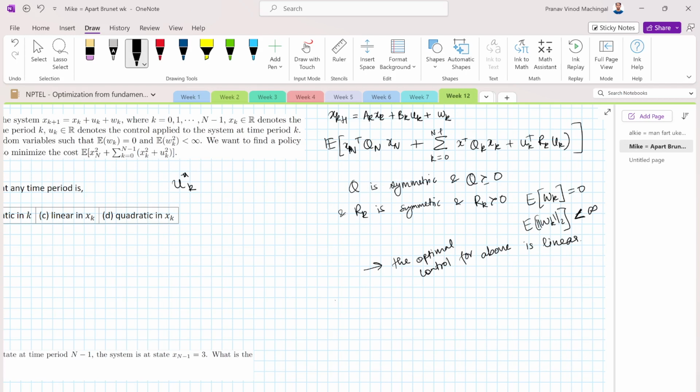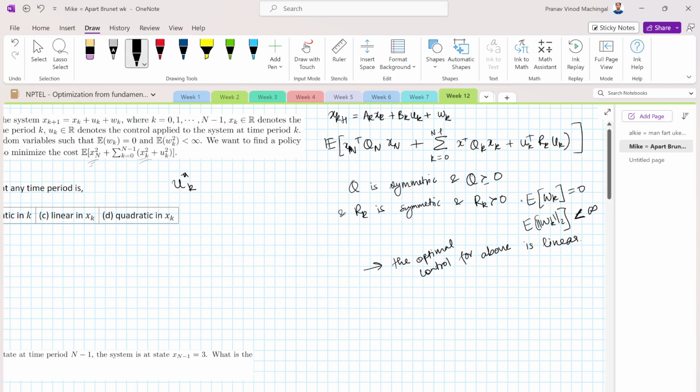One thing you can check is Q is symmetric here, because Q is here actually identity, or 1 basically, because it's not really a vector, it's a scalar. And R is also identity, so they are both symmetric and you can say positive definite. So it's like a 1 cross 1 matrix, just positive.